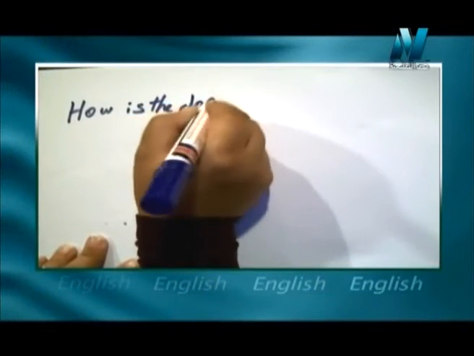Now, let's speak about another topic in the English language, which is the adverbs. What are the adverbs and what's the difference between the adverbs and the adjective? الادverb اللي هو الظرف. For example, I will say, how is the dog running?